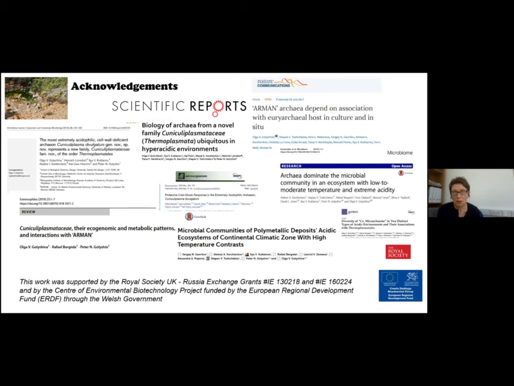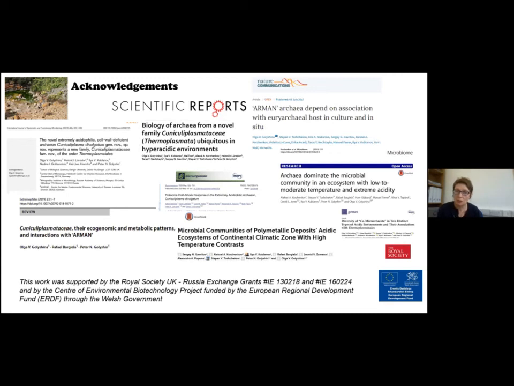I think it was first in the paper of Carmen Falagan and colleagues, published in 2013, and we confirmed her data that Thaumarchaeota could be present in this environment. What we know is that there are small amounts of ammonium in this environment, but that's all we know about this group.